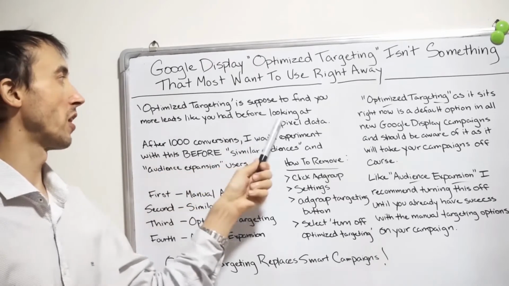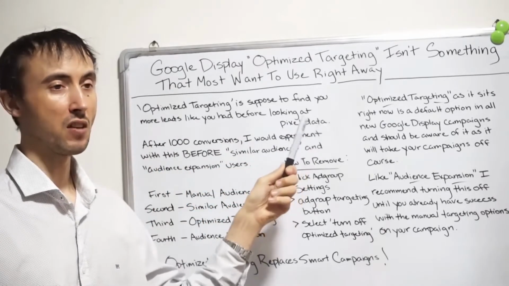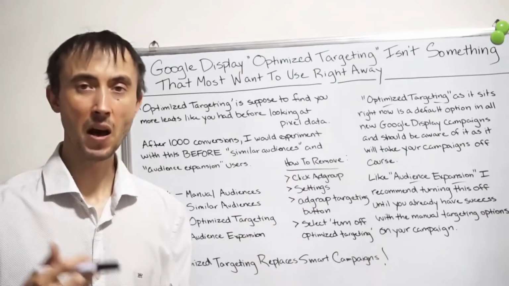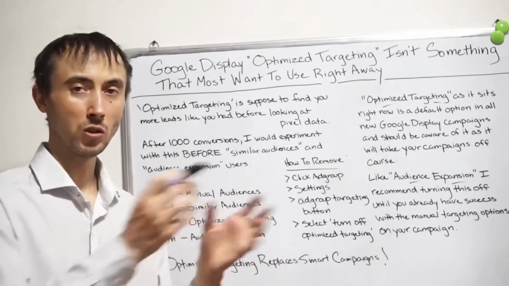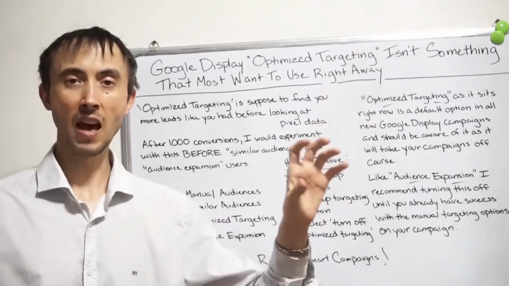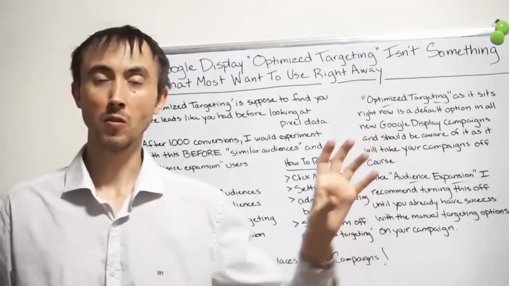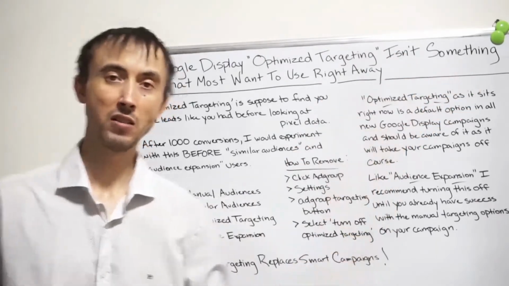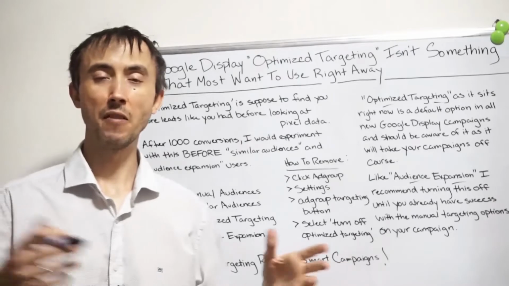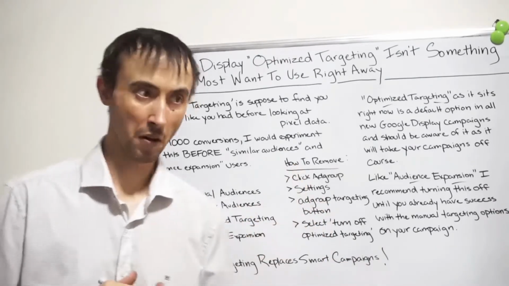So with that said, moving on here, like I mentioned, optimized targeting is supposed to find you more leads like you had before, looking at your purchase pixel data that you have on your site. You could set up conversion tracking for the people that buy and have that fed into your Google Ads account. They look at that pixel data, all the traits that they have on file for those people, and then try to put your offer in front of people with those same traits, on different websites in which they have the ability to put an ad in front of that person.